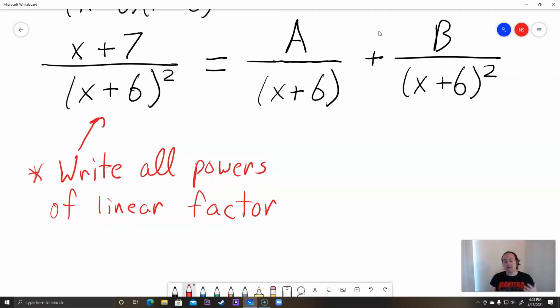Okay, so now that we have it set up the correct way, the rest of the problem is just like the last problem. So now we want to build each side to the LCD. So in particular, here we can see that the LCD is going to be x plus 6 quantity squared. So we need to multiply this first fraction on the right side by x plus 6 on the top and the bottom.